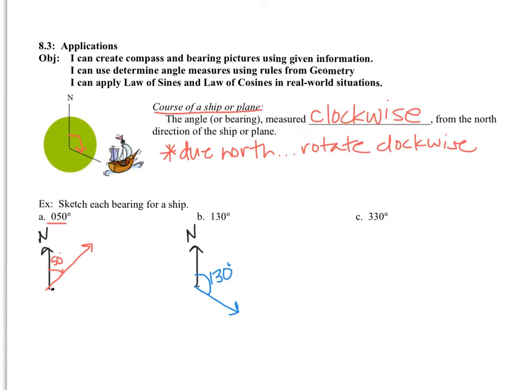Now 330 is almost the entire way around the direction. If we start due north for 0, but rotate 330, here's 90, halfway around would be 180, 270, and 330 would be about in that direction. There is a bearing of 330 degrees. We're going to start off most of our pictures with some type of direction like this.